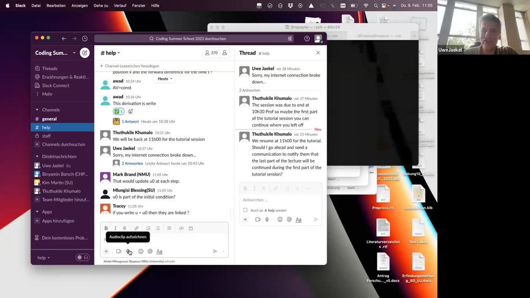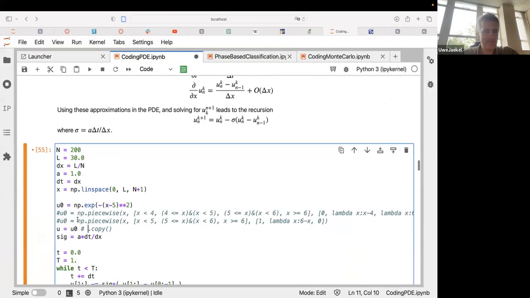If I did this, u equals u0, this would mean, since these are Python objects, that u and u0 are exactly the same, pointing to the same object, which means whenever I update u, I would also change u0.